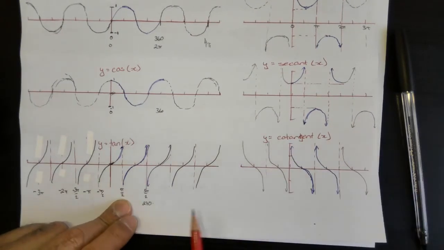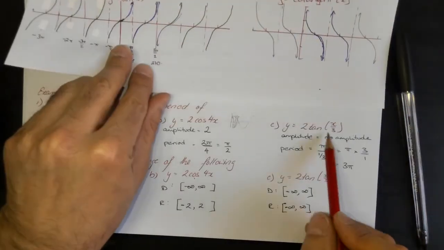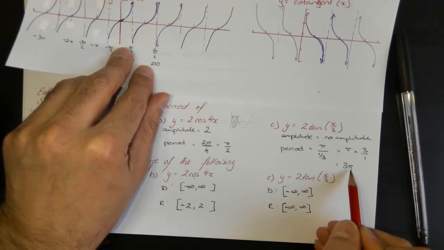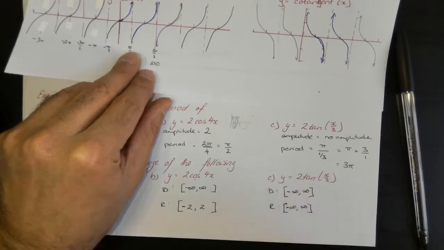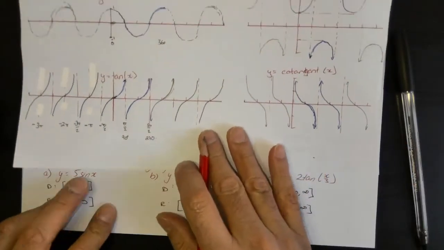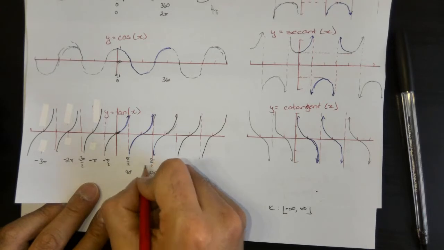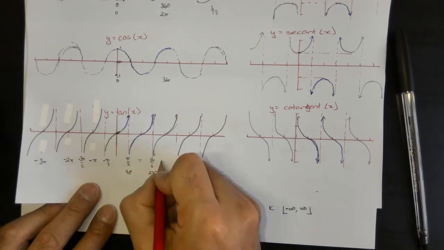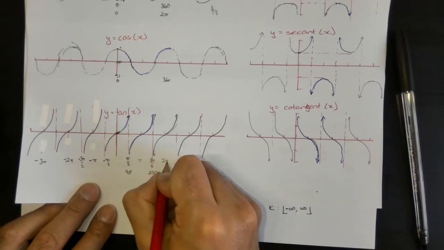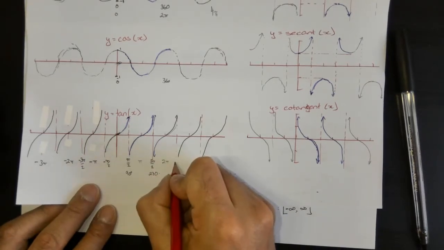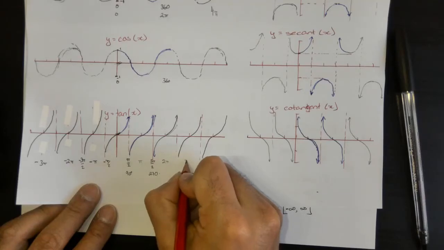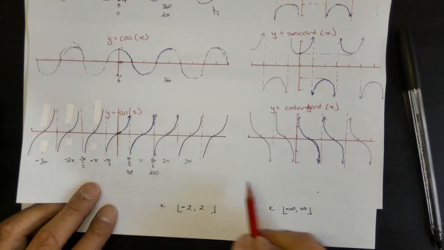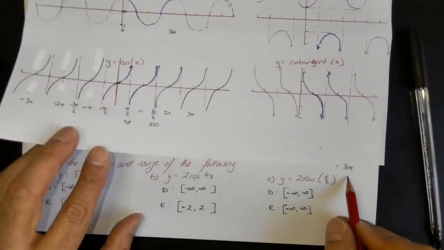Now, we've changed the period in this example so that it repeats every 3 pi. So that's pi, this is 2 pi, and 3 pi. What it means is that it will repeat with a period of 3 pi.